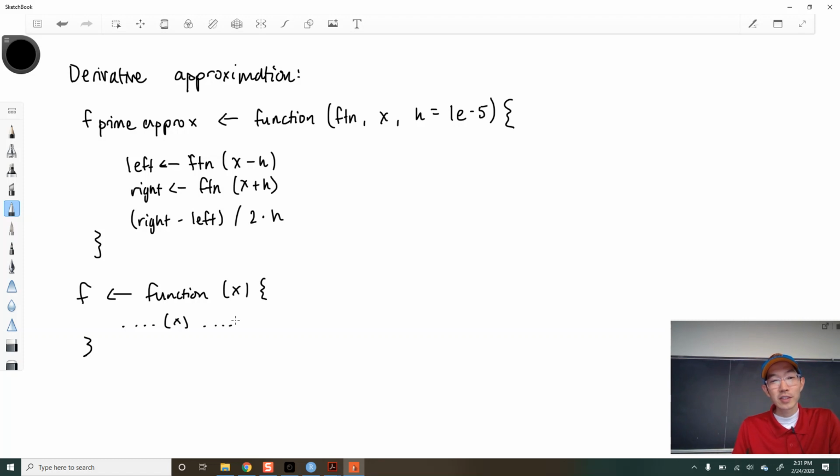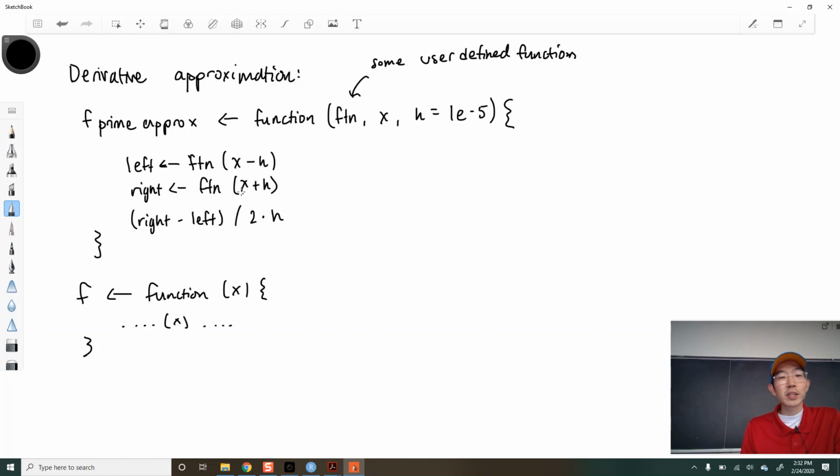This is a user created function, so whatever this could be, sine of x, it could be x cubed minus 2x, or whatever it is. It doesn't matter. This is some user defined function that you create. Log of x minus e to the negative x, whatever it is.